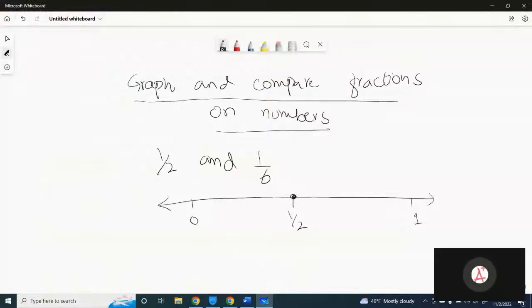Okay, then 1 over 6. 1 over 6 means a line has a total of 6 portions.